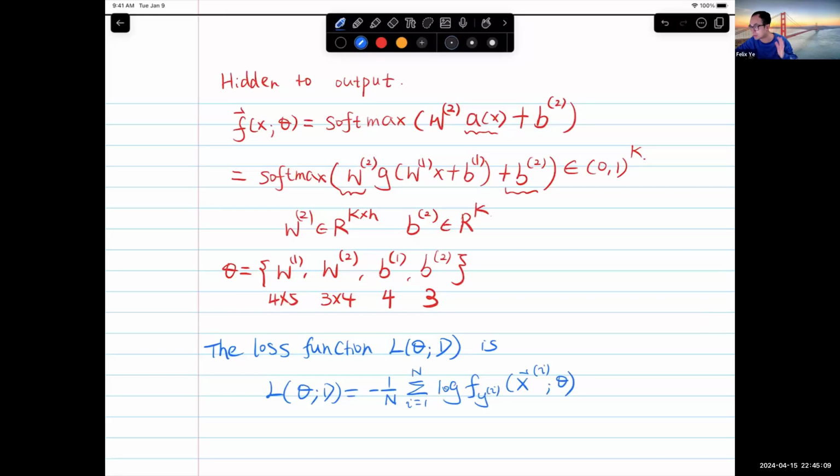This is exactly the same thing that we used in logistic regression.